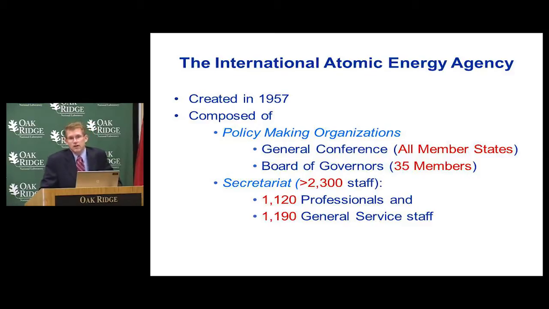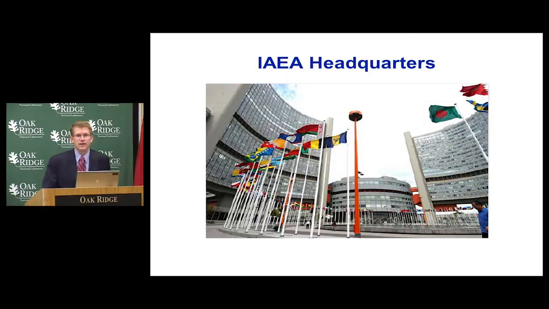The Secretariat is the actual staff that implements and executes the IAEA's roles and responsibility. The current staff size is approximately 2,300 individuals, which is split roughly 50-50 between the professional staff and the other general services staff.